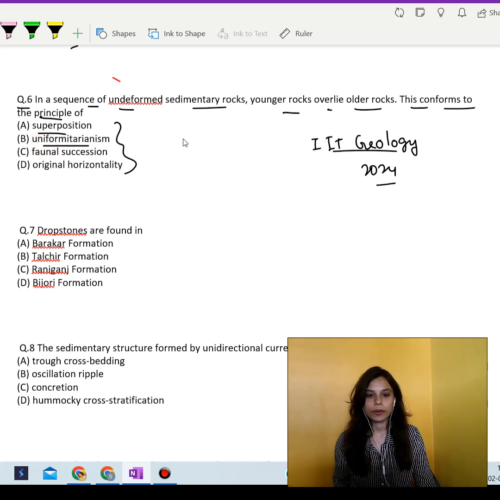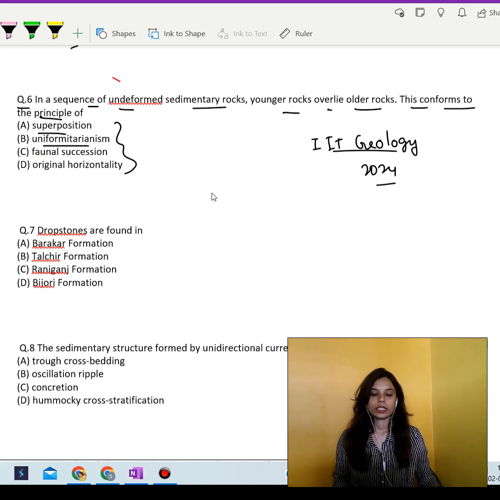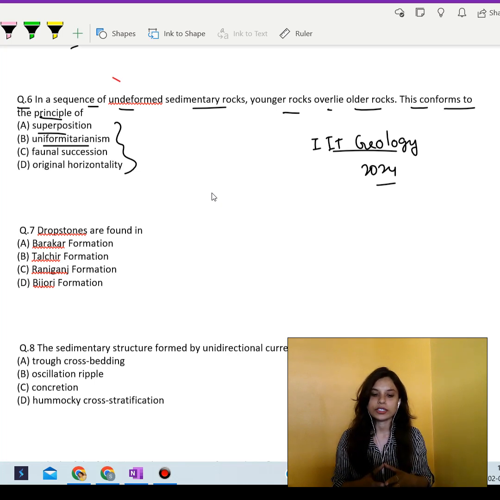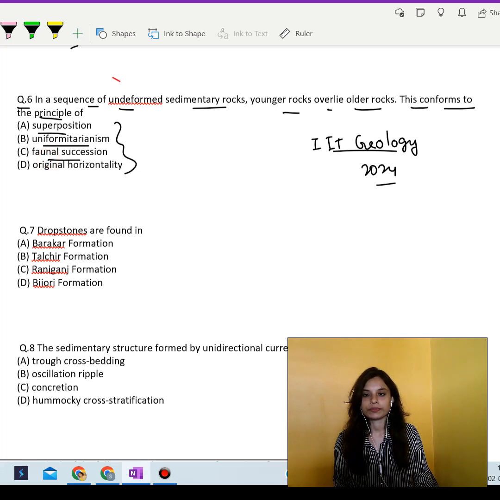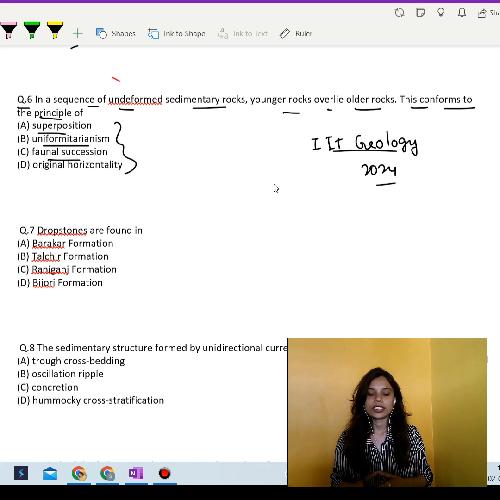Next is uniformitarianism. Uniformitarianism is the principle that geological processes observed in the present are the same as those that operated in the past. It doesn't directly relate to the order of sedimentary rock layers. Next is faunal succession.